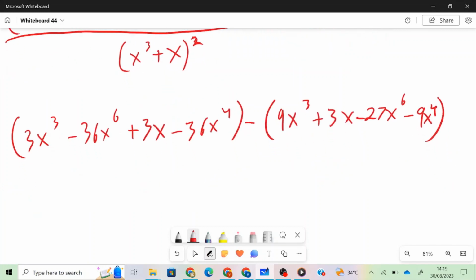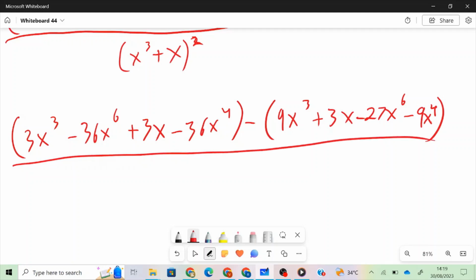And remember, all of this over x cubed plus x all squared.